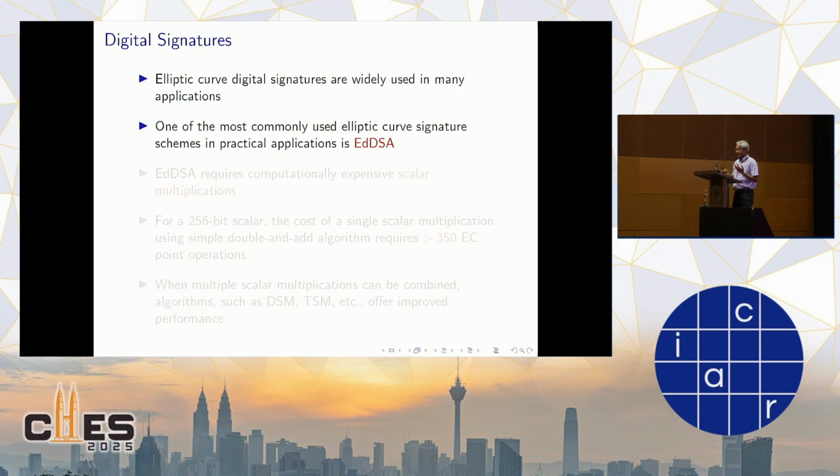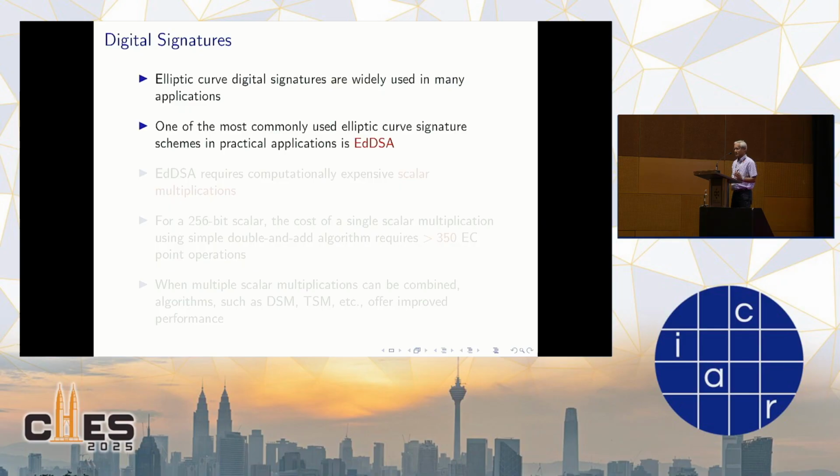I guess to this audience, it's well known that elliptic curve digital signatures are widely used in various applications. The main reason is that these signatures require shorter keys and also have better performance.